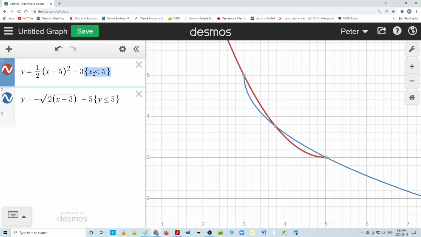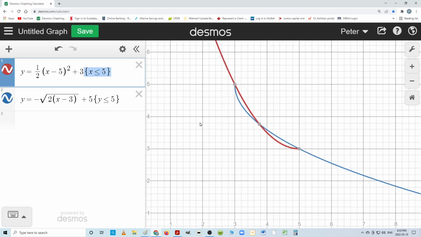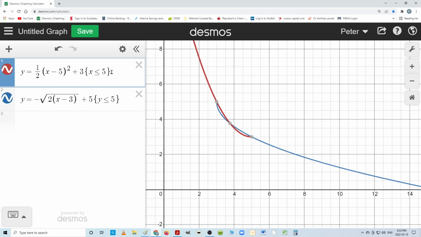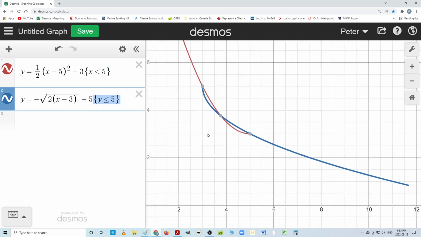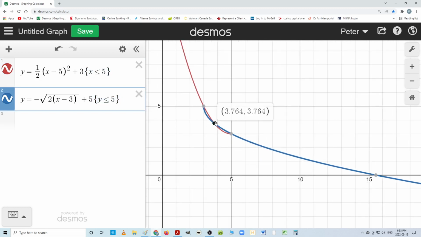Because if I did include that restriction, I'd get a full side parabola. So just keep in mind, whatever domain restriction they put on the main one becomes the range restriction on the inverse. So the blue one is that. Notice they accidentally share this point because those points are equal to one another. So when you swap their x and y's, they become the same value.